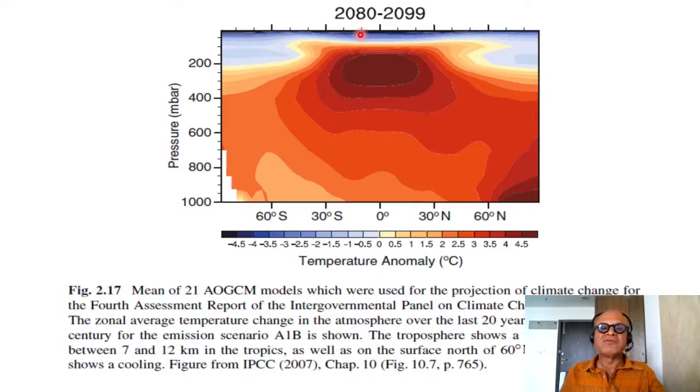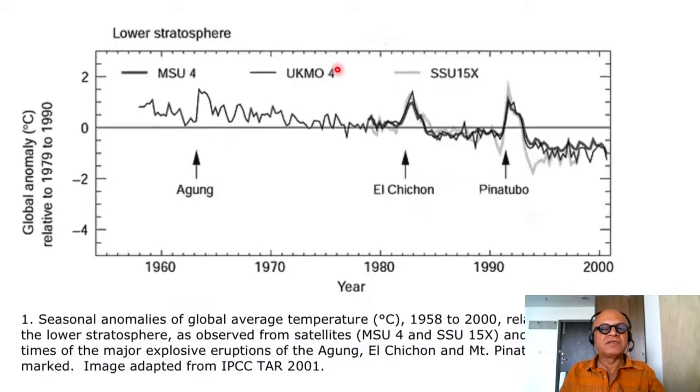You can read up nice articles on this under Skeptical Science, Real Climate, and other websites which offer such explanations for lay people. But just remember that we expect the tropospheric warming to result in stratospheric cooling, but there are many details there as well. And this shows the evidence for that. This is modified from an IPCC figure by a Harvard professor, and I just took it from his website.